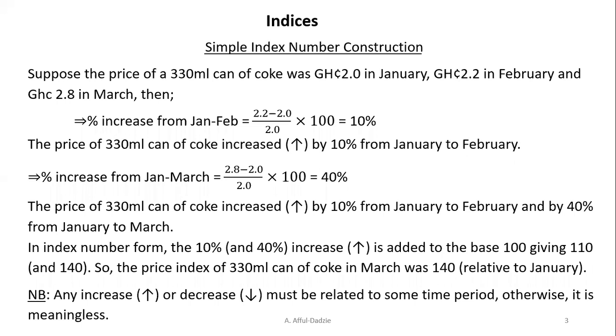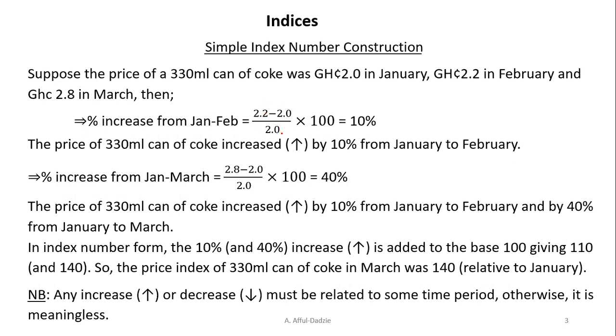Now, let's assume January is our base period. If January is our base period, then we are going to compare all the other periods with January. If we want to compare what happened in February to January, then we will take the difference between the prices in January and February and divide by the price in January.